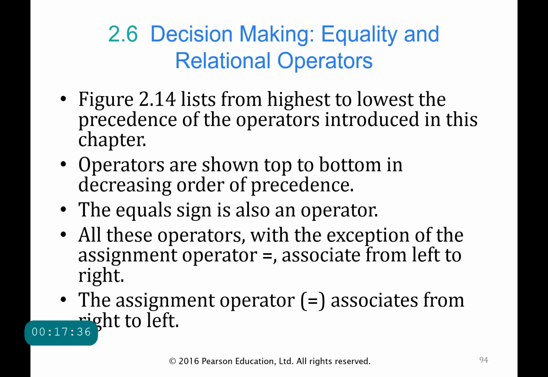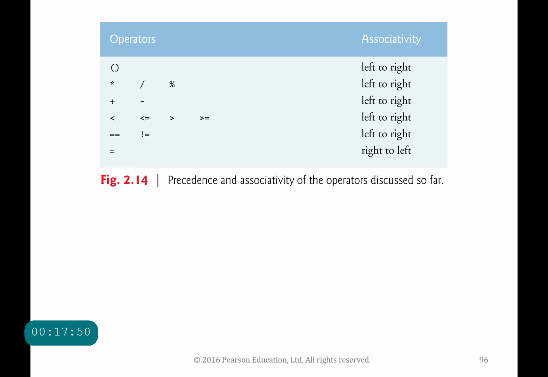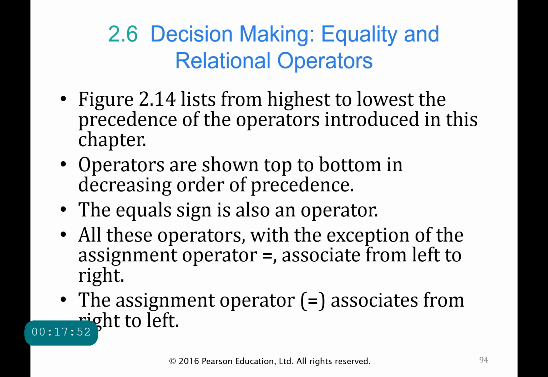Now, one final word about the precedence of these operators. If we look at all the operators that we have talked about so far, these could be the arithmetic operators like multiplication, addition, subtraction, division.